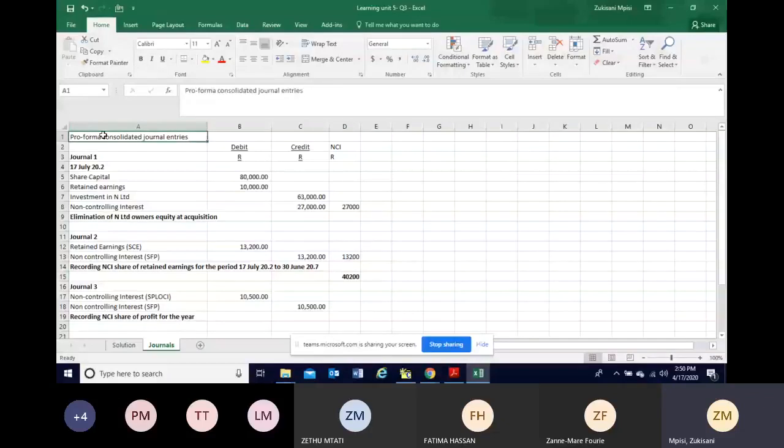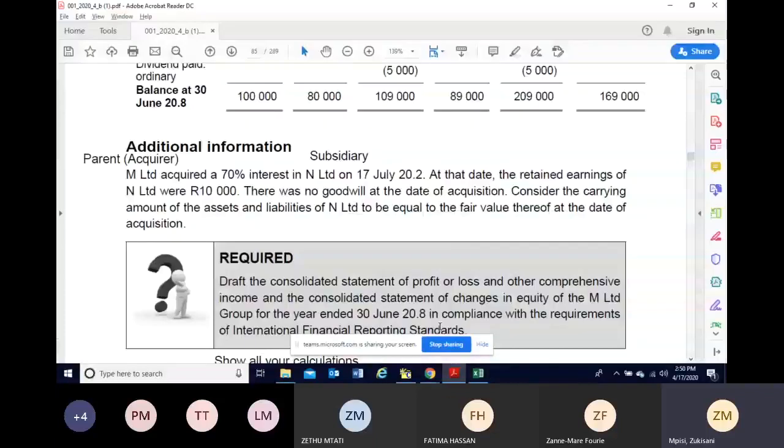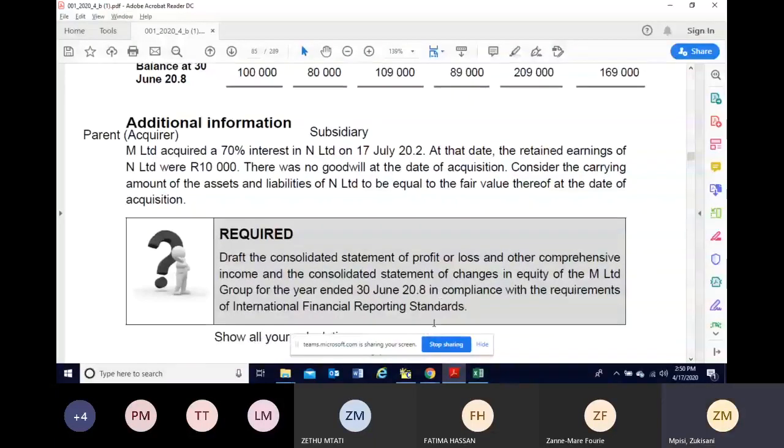So we go back and we look at whether we've covered everything from the required. So we have covered the statement of changes in equity. We have covered the statement of profit and loss and other comprehensive income. So that makes us therefore to be done with this question.